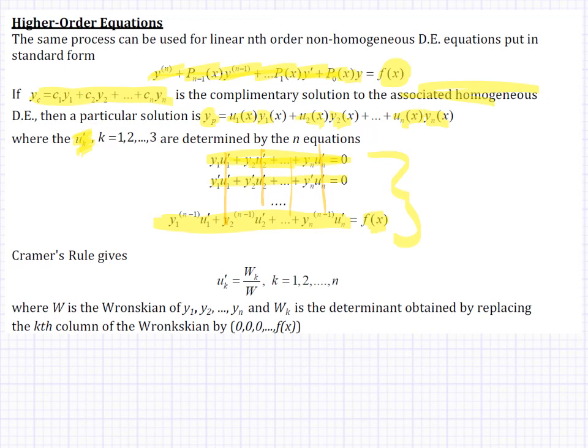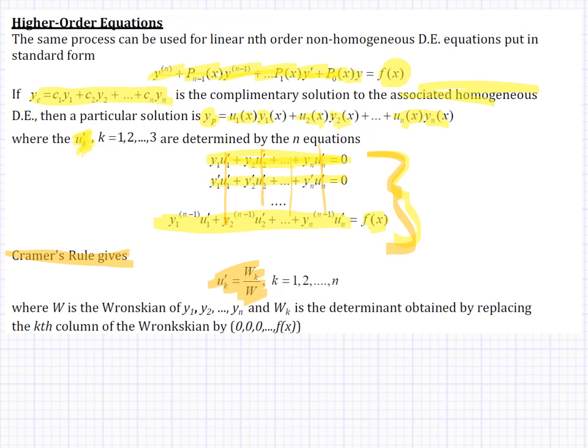We would have to solve for those unknowns using Cramer's rule, which works as long as you have the same number of equations as you have unknowns, and that's what's going to happen here. We would have 3 unknowns, 3 equations, 4 unknowns, 4 equations. We can use this Cramer's rule formula to solve for u1 prime, u2 prime, u3 prime, etc. And we could solve it.